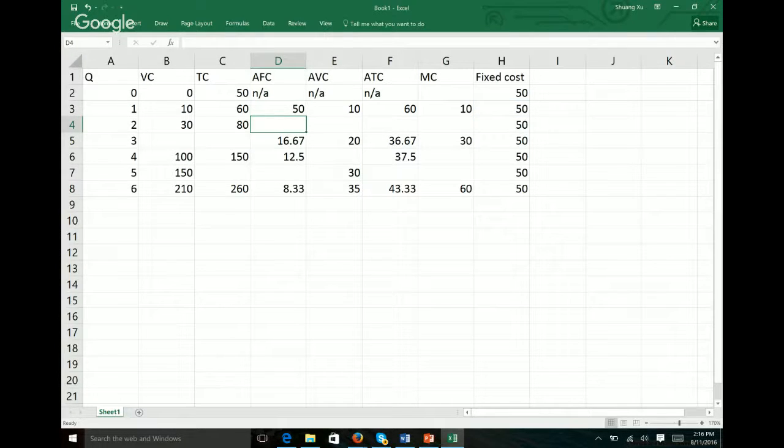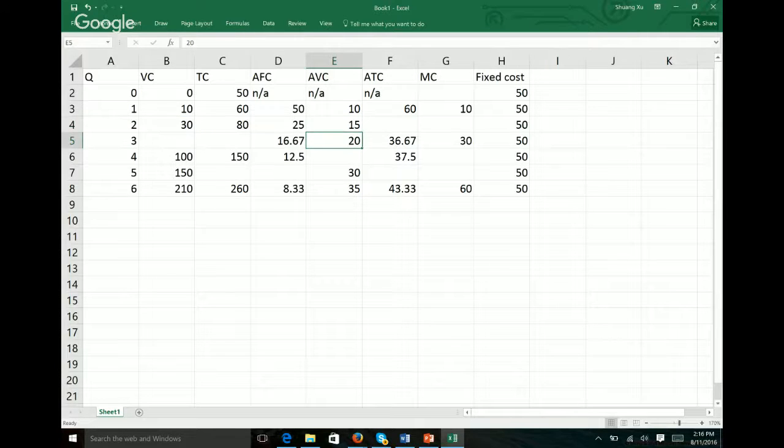And then next level for quantity of 2, we know our variable cost, we know our total cost, looking for the average fixed cost. So again, this equals your fixed cost divided by your quantity. Now the average variable cost equals your variable cost divided by quantity.